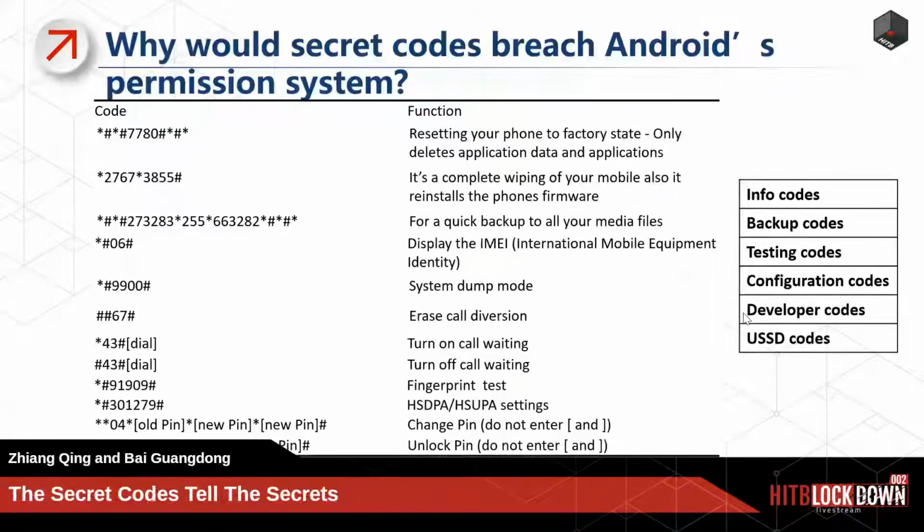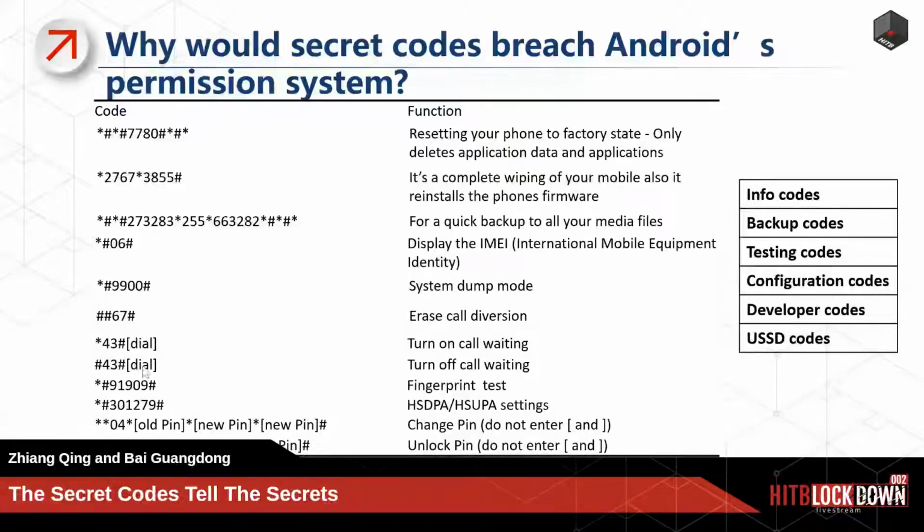The fifth category, the developer codes. It provides several secret codes that can be used by developers to quickly reach a position during the development process, for example, system dump mode. And the last category, USSD codes, is related to the phone call.